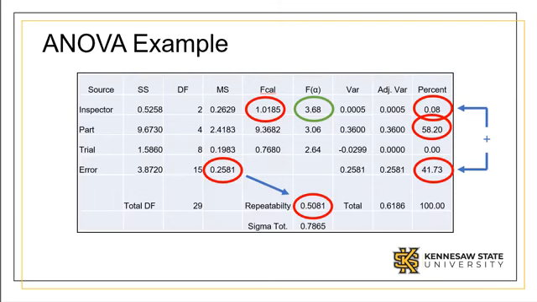Process variation accounts for 58.20% of the total variation in the data. In this case, the calculated F is bigger than the critical F value. So we must reject the null hypothesis of no difference between parts. A deeper investigation of the data compared to the specification would be needed to determine if there is too much process variation.